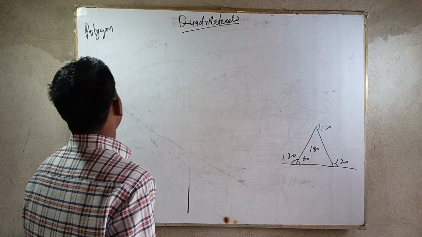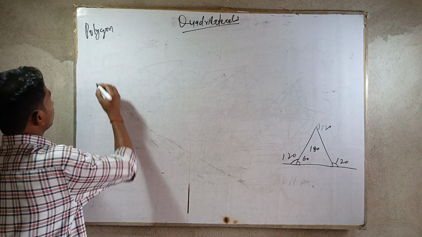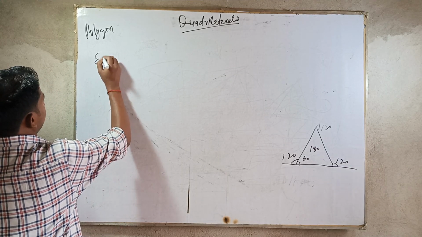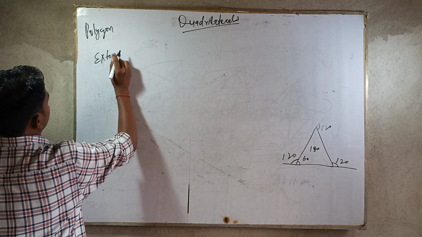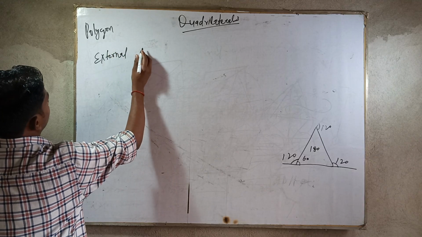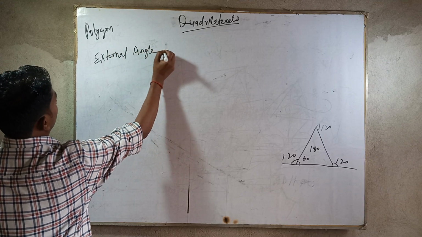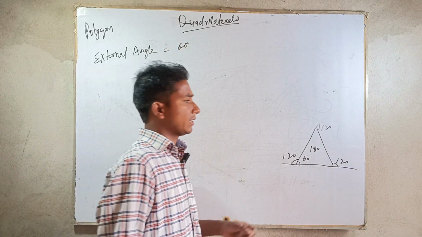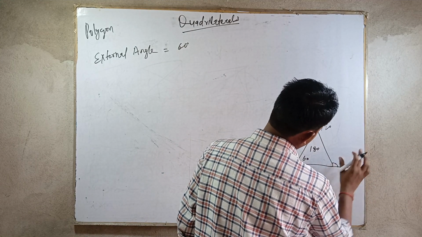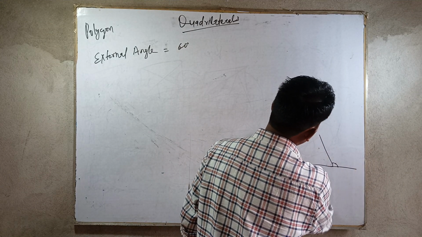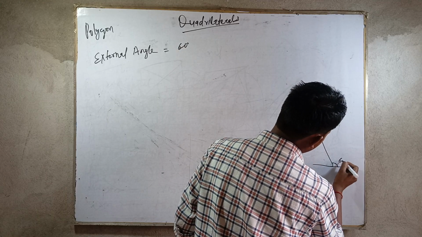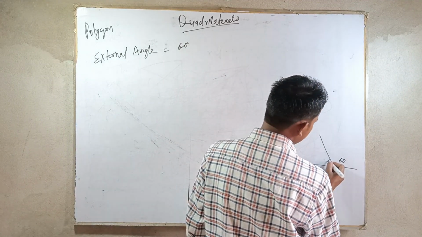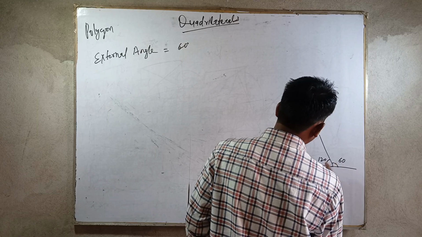So next, I have given one angle, the value of one external angle equals 60 degrees. Then the external angle is given like this is external. Suppose one angle is given as 60 degrees, then its value will be 120 for one angle.